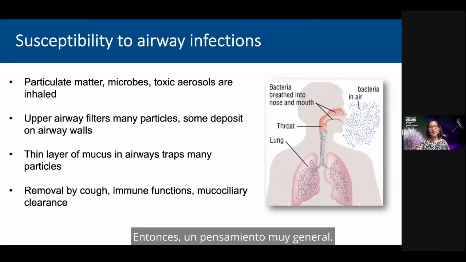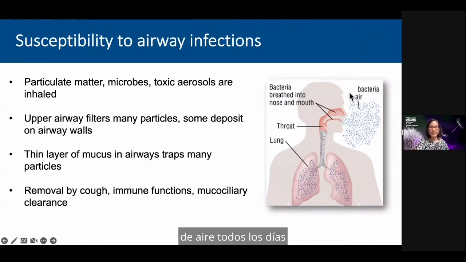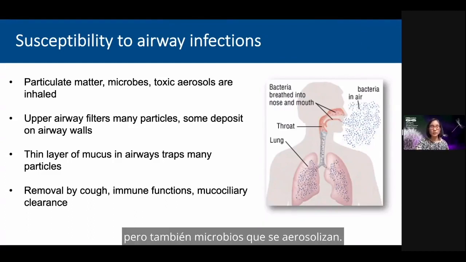So, a very general thought: why are we exposed to microbes, and how do we become susceptible to airway infections? As you know, you're breathing in liters and liters of air every day, and this air is far from sterile. It contains particulate matter, toxic aerosols, but also microbes that are aerosolized.